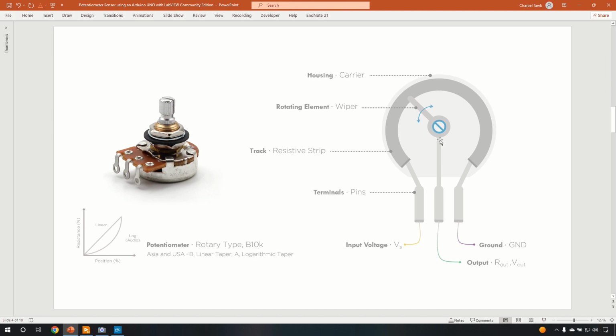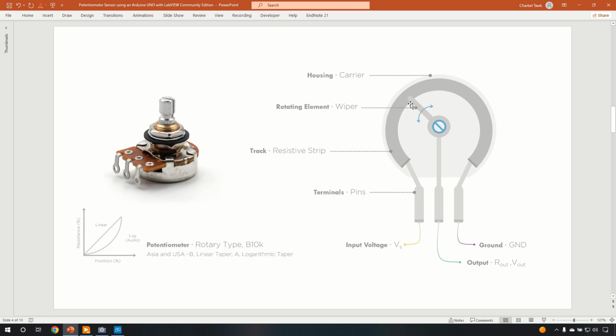Now the middle terminal, which is directly connected to the wiper, and the wiper directly touches the resistive track, is connected to an output pin or an analog input pin on the Arduino UNO, as we will see shortly.